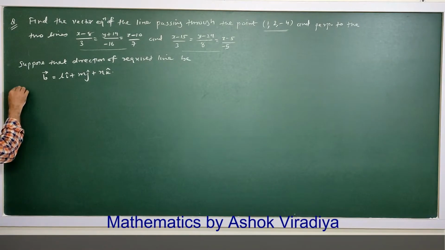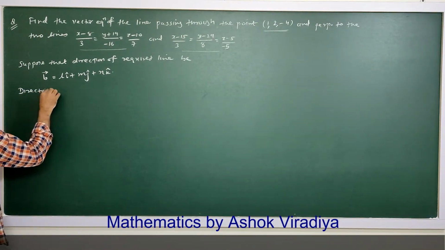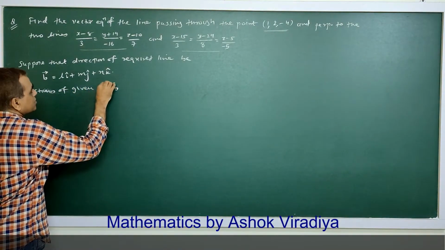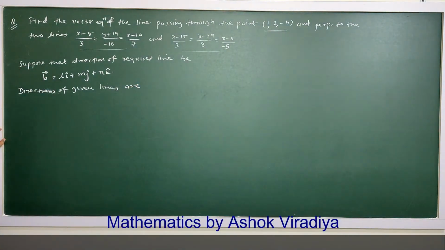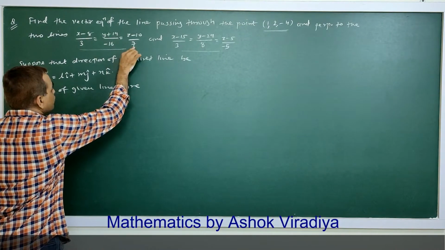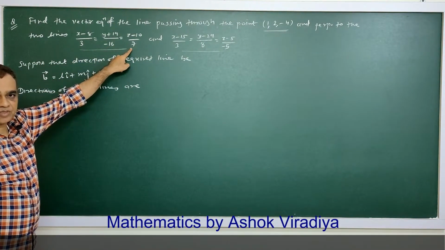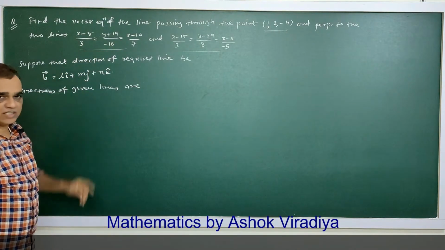And the directions of the given lines are, let me take from the first equation, here observe the numbers in the denominator, here direction ratios are 3, minus 16, 7.